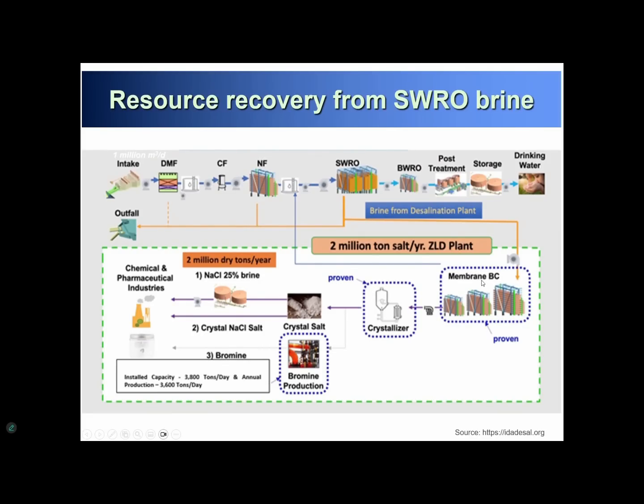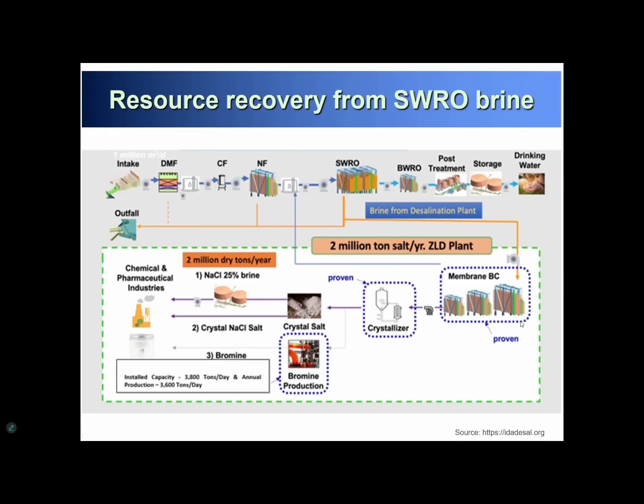And people try to increase the brine concentration with membrane technology. So they increased pressure to around 120 bar, 150 bar, so that you can increase the overall concentration of this brine, let's say 2 times higher than seawater, from 70 gram per liter up to 150 gram per liter.